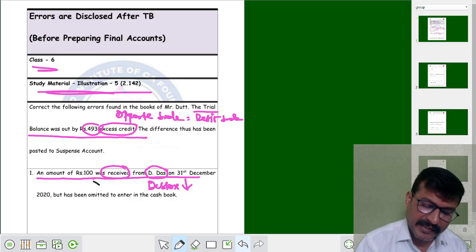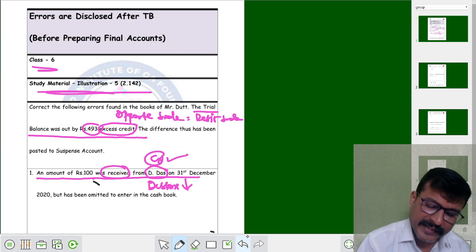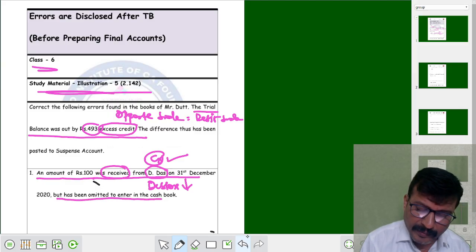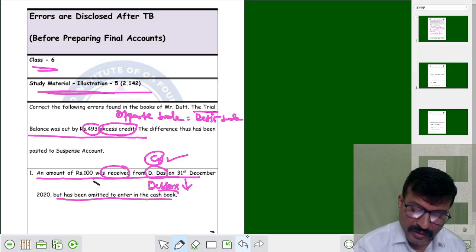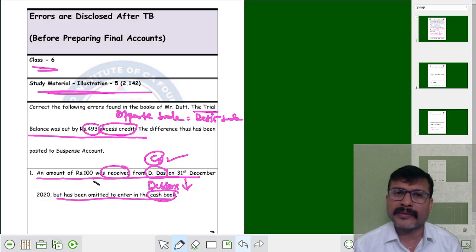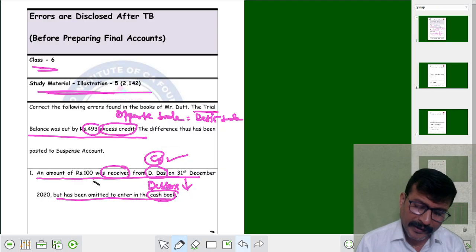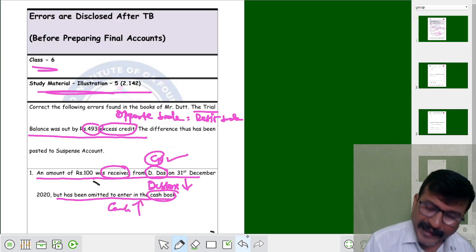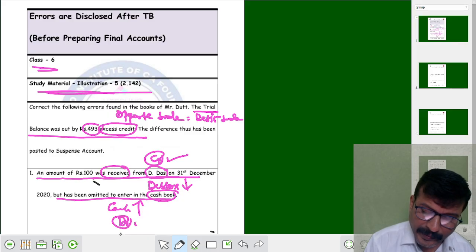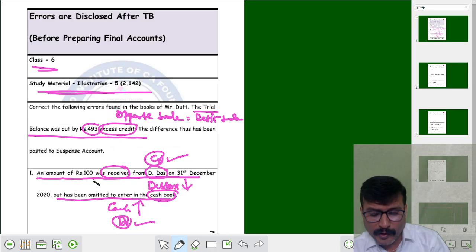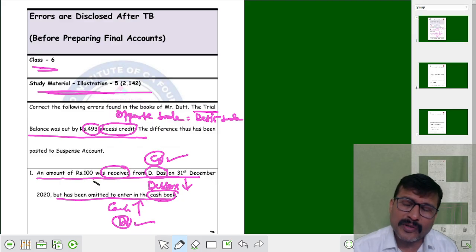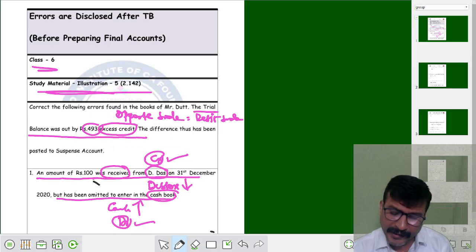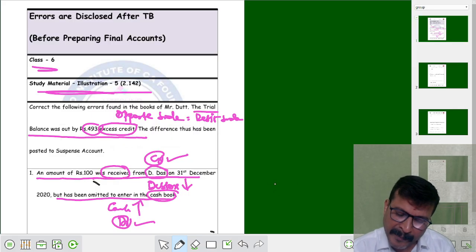When an asset decreases, he is to be credited as a correct entry, but has omitted to enter in the cash book. You did not enter it in the cash book. What happens when you receive cash from D Das? Your cash will increase. Cash means asset. Asset is to be debited. Did you record this entry in your books? No, this is not recorded in the cash book at all. Then what is the rectification? Keep the correct in the same place.